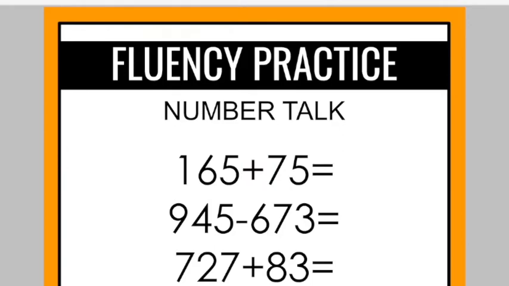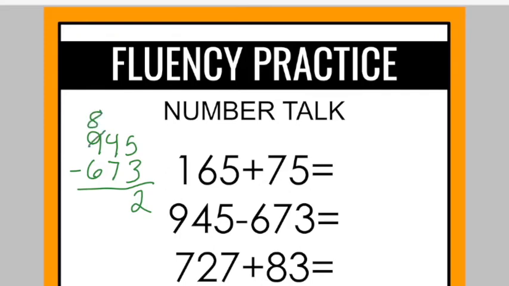Okay, now we're going to move on to 945 subtract 673. I'm going to go ahead and set this up the same way. 945 minus 673. 5 minus 3, 3, 4, 5 is 2. 4 minus 7, I can't do it, so I need to regroup. I'm going to go over to the 9.